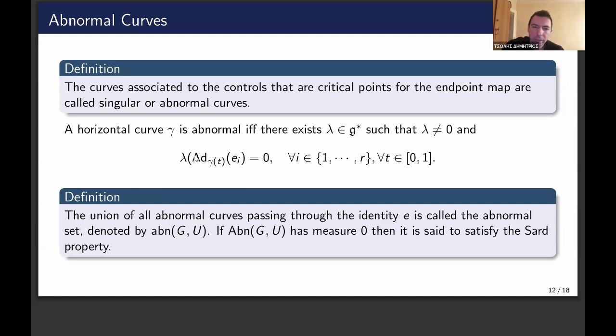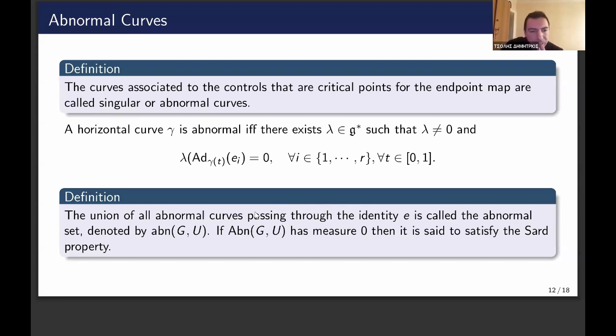So when applied to this adjoint representation of E1, which is just a part of the frame, that equals 0. Now we have that the union of all abnormal curves passing through the identity, this has measure 0.